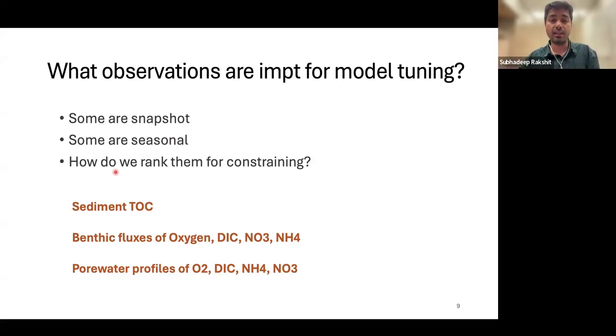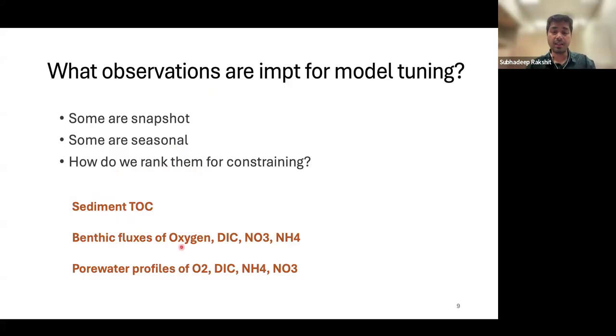And then how do we rank them for constraining? Some of the data that we generally would try to use for model validation is the sediment total organic carbon. Sediment total organic carbon represents time averaged information, so it does not vary too much with different seasons.